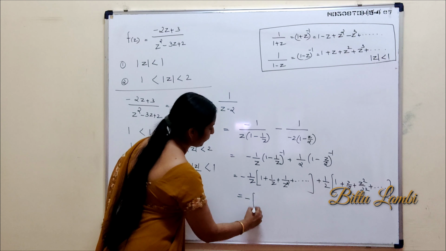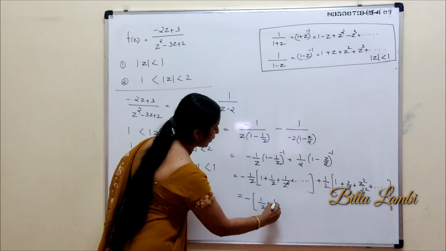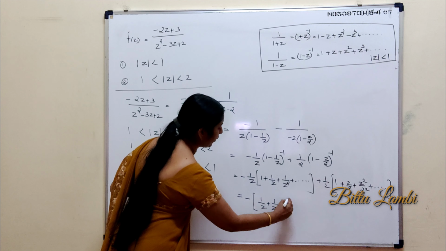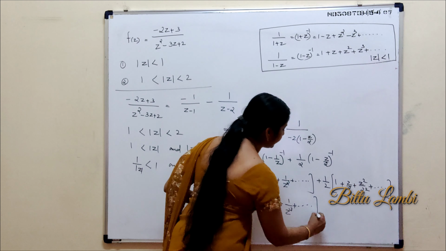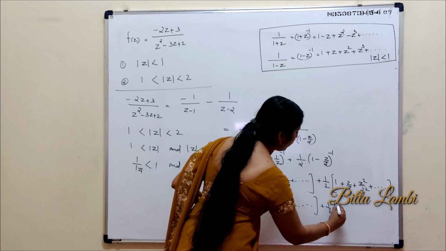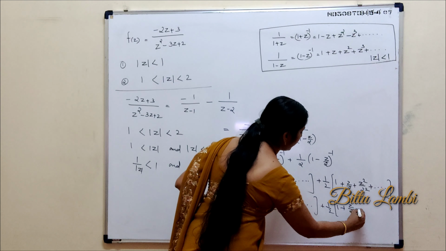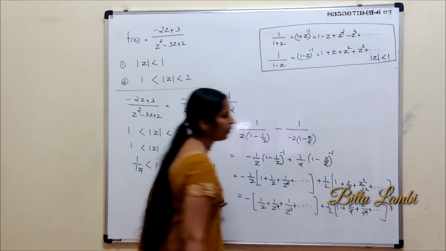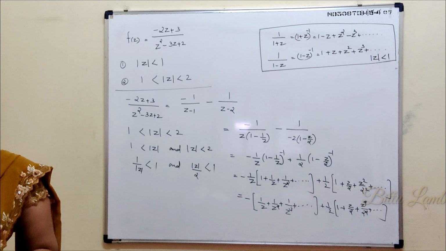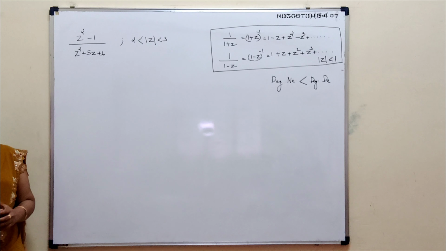That is -1/z - 1/z² - etc., plus half into 1 + z/2 + z²/2² + etc. See, which is the required Laurent series expansion of the given function.